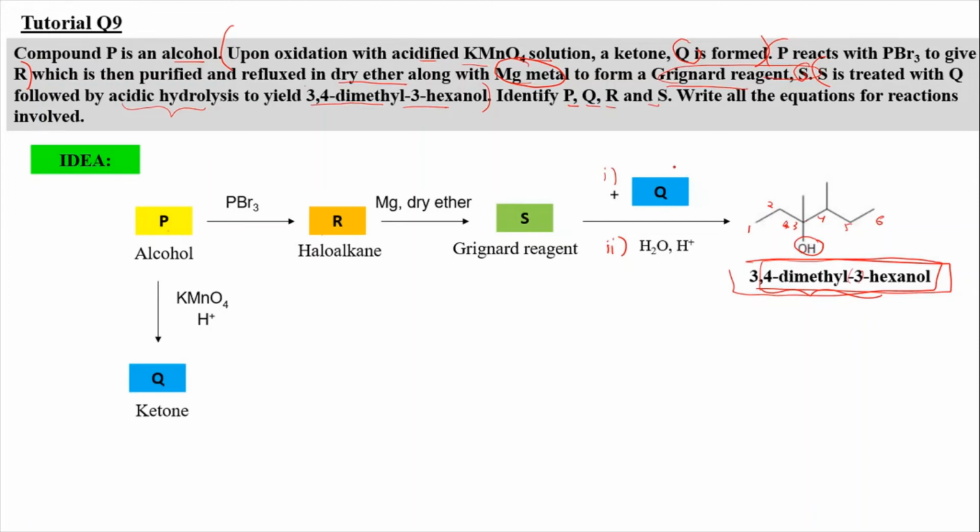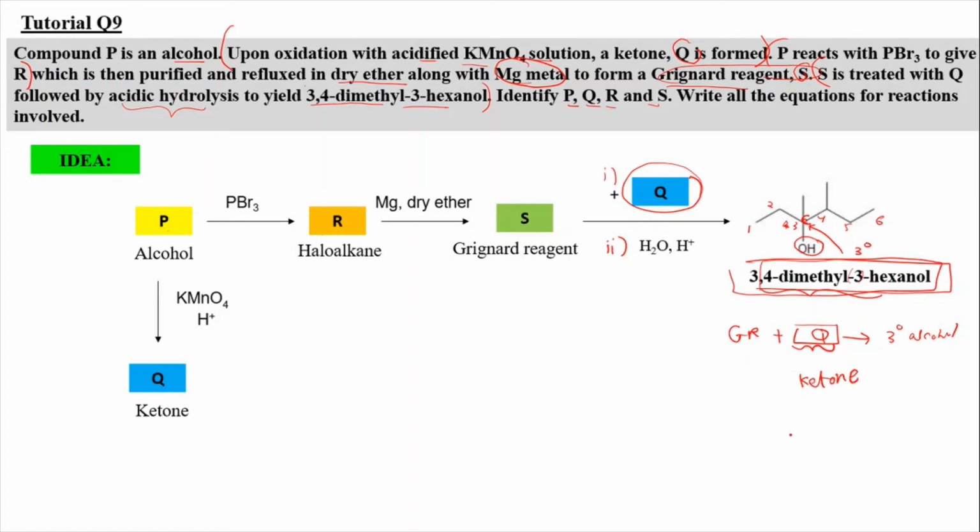And then we need to identify Q. So we know that our product here is a tertiary alcohol because the carbon is attached with 1, 2, and 3 alkyl groups. So you know that when Grignard reagent reacts with something, it will give you a tertiary alcohol. So the something here is going to be Q, where Q here you know that it is a ketone.